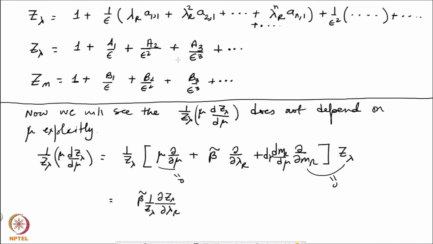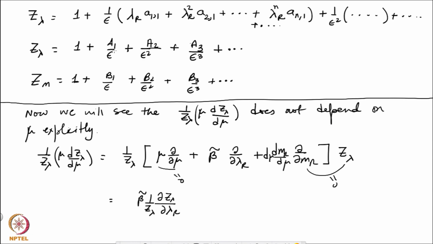So z lambda has all kinds of terms, right? 1 over epsilon square, 1 over epsilon cube. What I'm going to show you is that these terms, these coefficients a3, a2, do not appear in the beta function. What appears is only a1. And what's a1? a1 gets a contribution from one order lambda term. The lowest order calculation will give you a11, second order calculation will give you a21, and so forth.